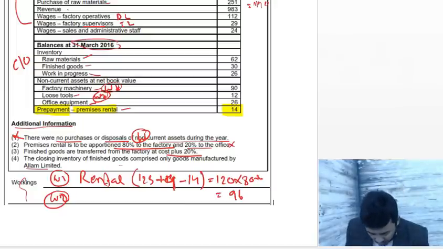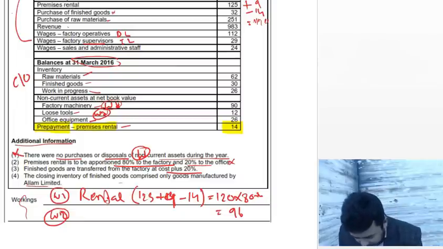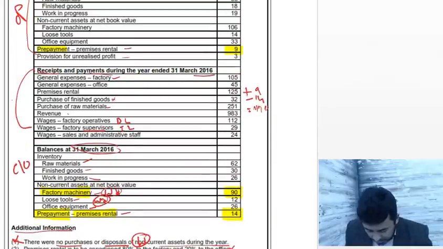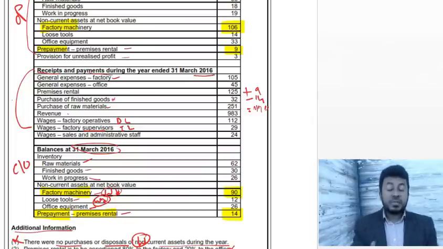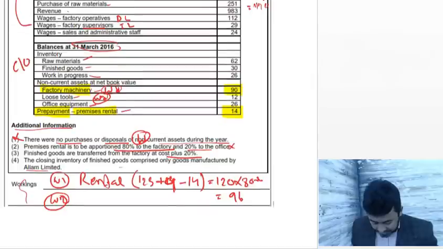There you go, where is that? Let me take the highlighter. If you see factory machinery, this is the closing 90, and factory machine opening is 106. The difference between these two is the depreciation, because there are no purchases or sales. It's not that complicated. It was 106 before, it has gone down to 90.